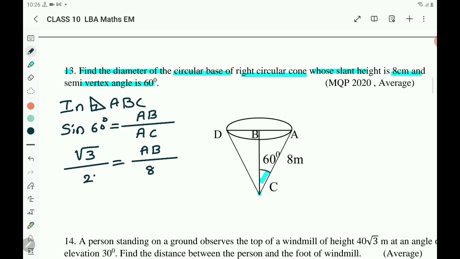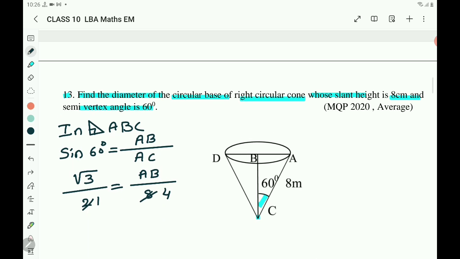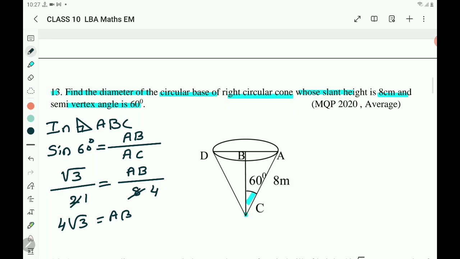Then you can cancel here. 2 1s are 2, 2 4s are 8. They are on different sides and they are in the denominator only, then you can cancel. Now you do the cross multiplication. 4 into root 3 is equal to AB. Then you got AB is equal to 4 root 3 meter.